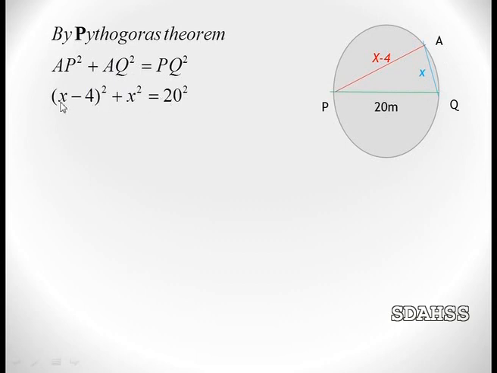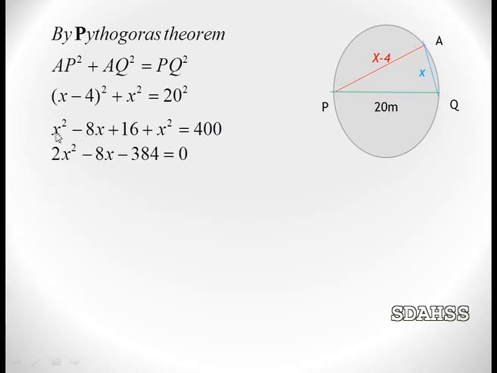Expand x minus 4 whole square. This is of the form a minus b whole square, which is a square minus 2ab plus b square. So this becomes x square minus 8x plus 16 plus x square is equal to 20 into 20, which is 400.